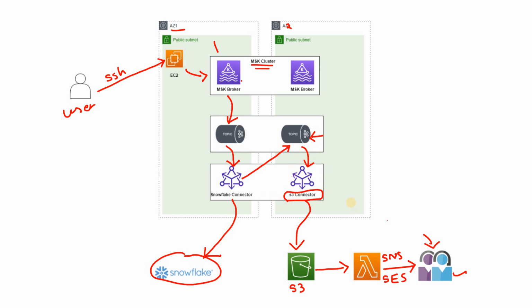Another good thing in this kind of architecture is that the bad messages also have a backup in S3. You can run a Glue crawler on top of this data and then update an Athena table. Our production support team can query that Athena table to easily understand the reason for the message failure. Okay, right? So this is how alert functionality along with DLQ is implemented in a production system.